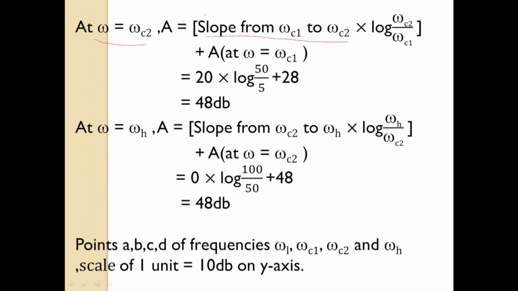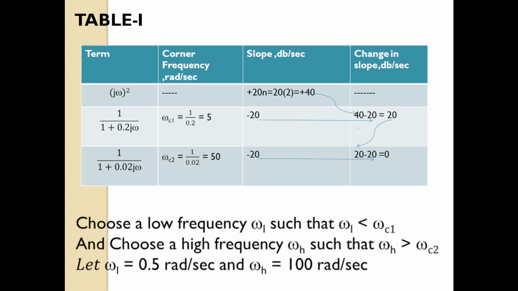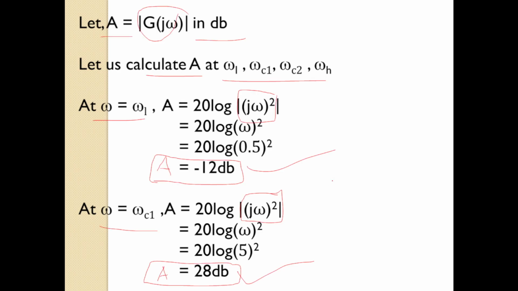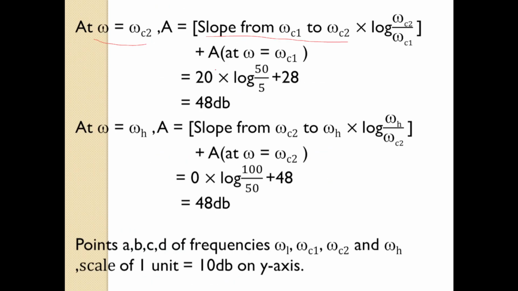So, first of all, let us see what the slope from omega C1 to omega C2 is. Let us go to this table. This is our omega C1 corner frequency, this is omega C2 corner frequency. What is the slope from omega C1 to omega C2? 20. Okay, 20 has been sent from this omega C1 term to omega C2 term. So, 20 is our slope. So, here write down 20, into log of omega C2 by omega C1.